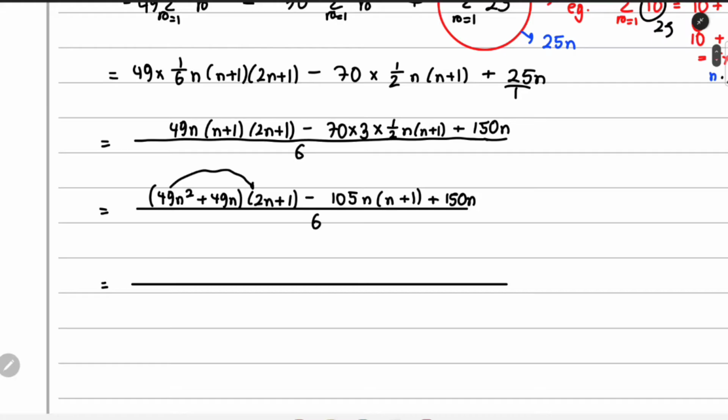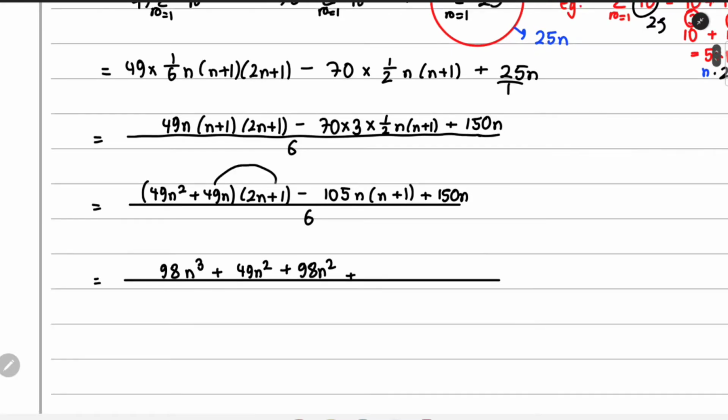Now if I multiply 49n squared with 2n, I get 98n cubed. If I multiply 49n squared with 1, I get 49n squared. Then I multiply 49n with 2n, I get 98n squared.